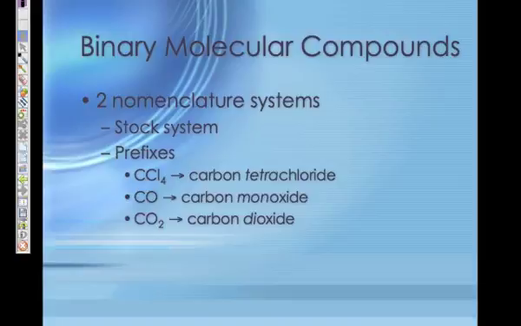If it's a covalent bond, you'll use the molecular compound naming system. Or if you just look at your ion chart, if the two elements in the compound are both negatively charged on your periodic table of ions, then it's going to be a molecular compound. You do not use the ionic compound naming system. You'll use the molecular compound naming system.